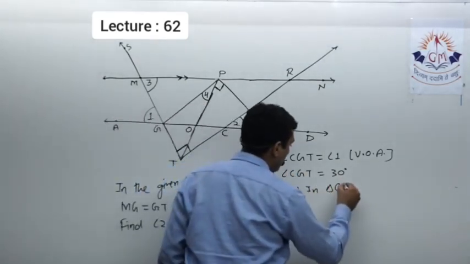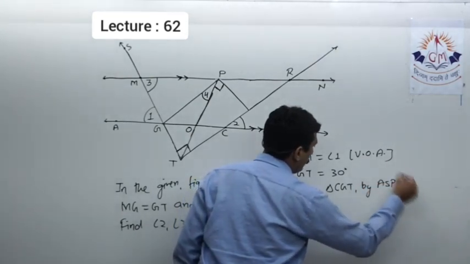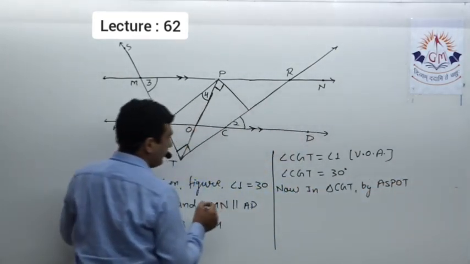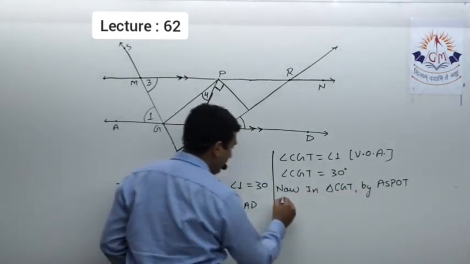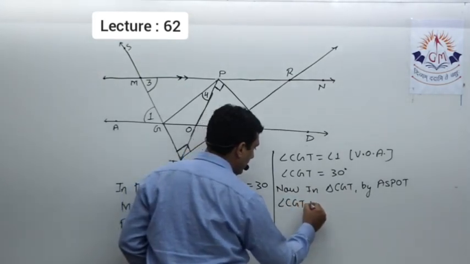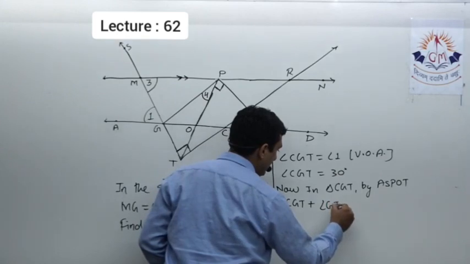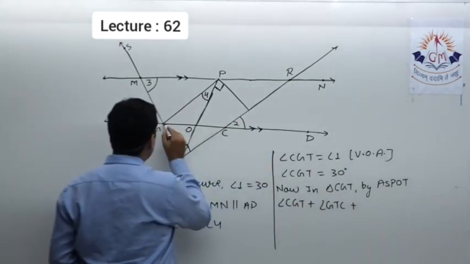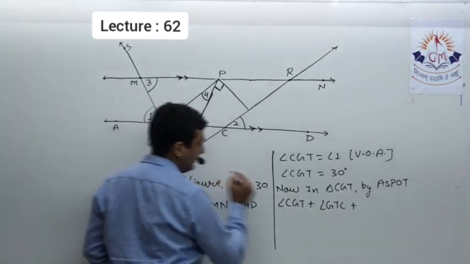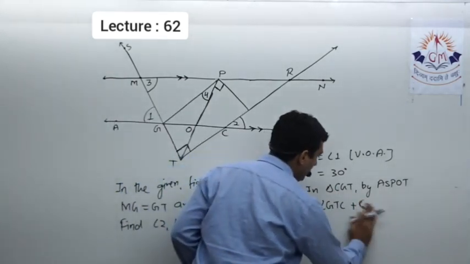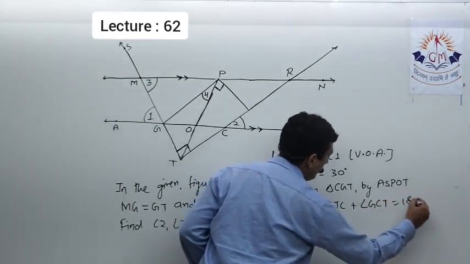Now in triangle CGT, by the angle sum property of a triangle, I can write angle CGT plus angle GTC plus angle GCT. All three angles sum up to 180.